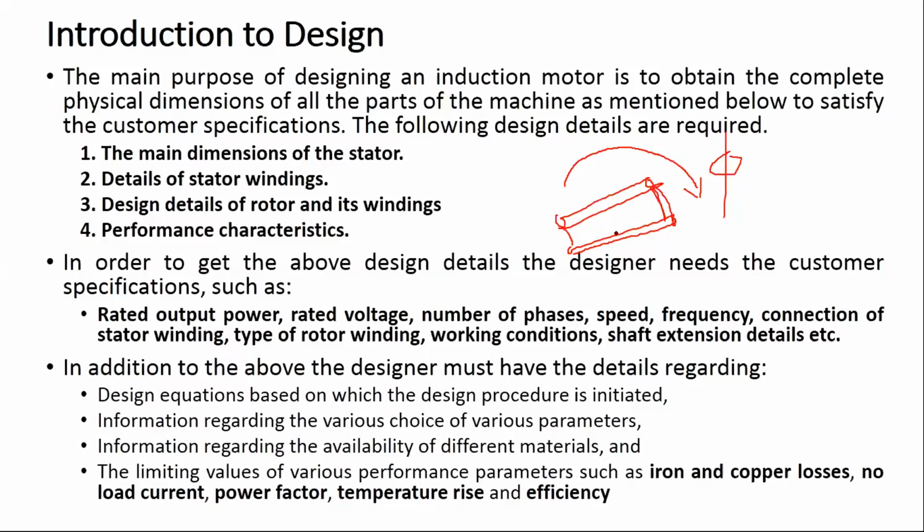Due to Faraday's law of electromagnetic induction, these conductors will have some EMF induced over them. Since these conductors are connected back to back, a circuit is formed. This induced EMF results in the flow of current in the conductor bars. Now you have a current carrying conductor placed in a magnetic field, so this rotor, which has conductors over its periphery, will start rotating.